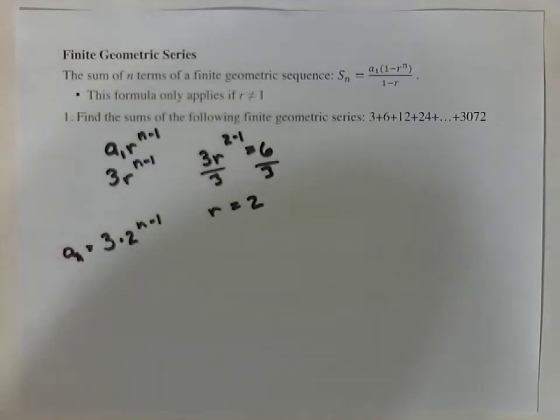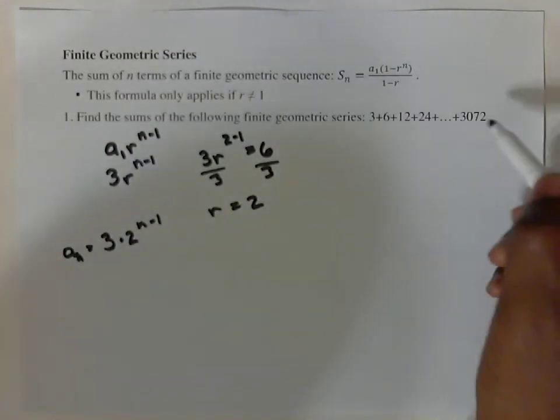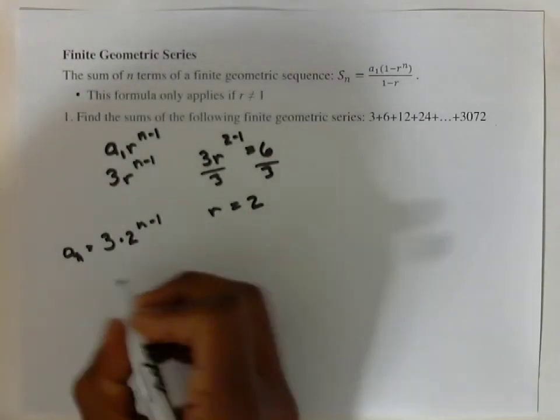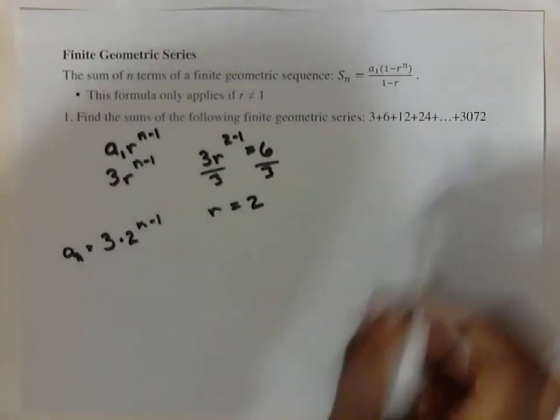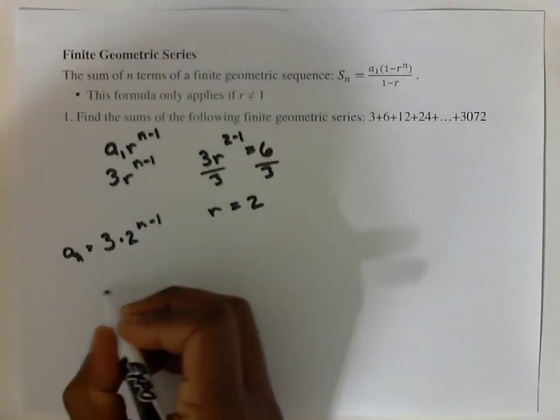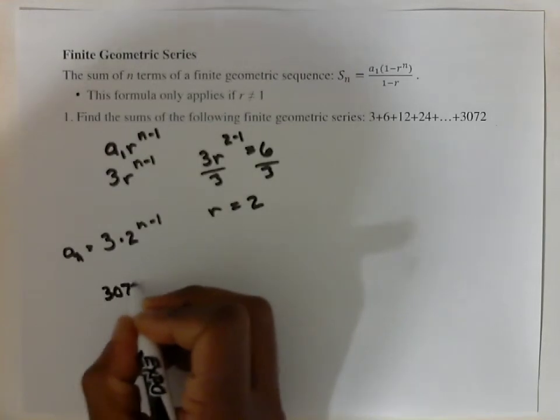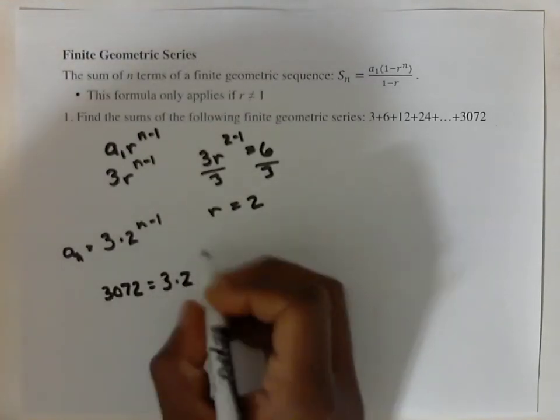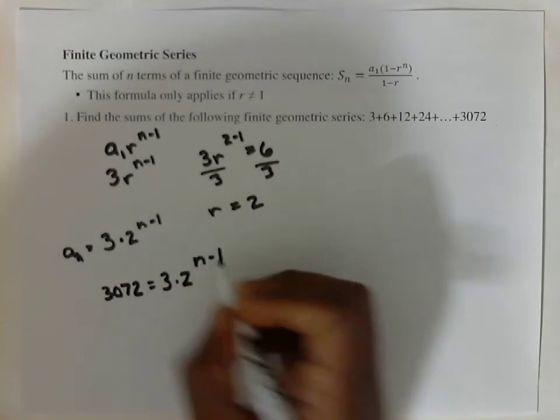Now we need to find out how far n goes, to find out which value of n represents 3072. To do that, we can put in 3072 for our a sub n, so 3072 equals 3 times 2 to the power of n minus 1.